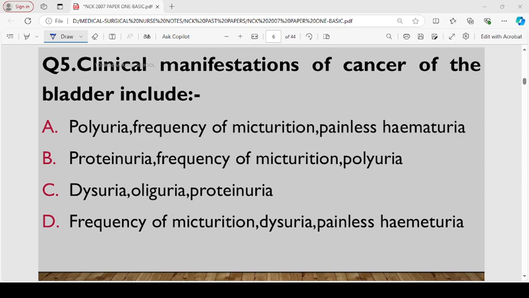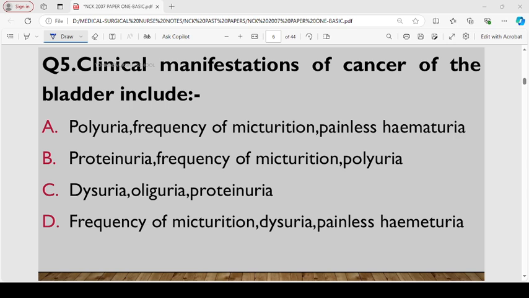We have nurse B who says proteinuria, frequency of micturition, and polyuria. Now proteinuria is excessive protein in urine, and polyuria, so the two are not classic symptoms of bladder cancer. Option C, nurse C, we have dysuria, oliguria, and proteinuria.